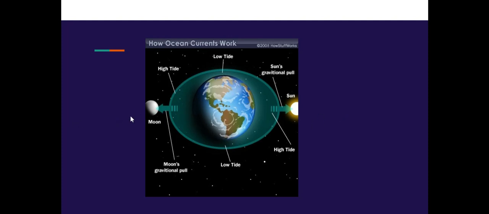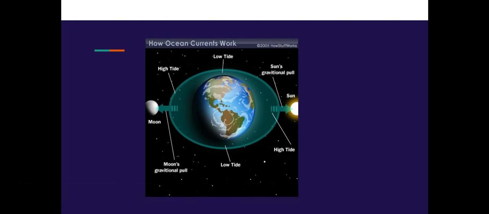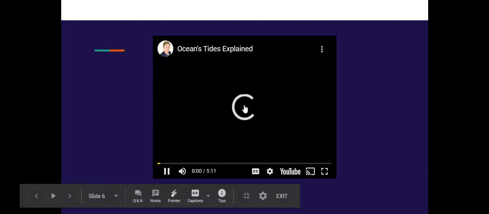So we can have the moon pulling one way, the sun a little bit this way, but the moon is what's causing the tides. When you go to the ocean and you see a moon overhead, chances are you're very close to or at high tide. Well, the moon should be directly overhead. So let's watch this. Let's see if this guy does a better job of explaining it than me.